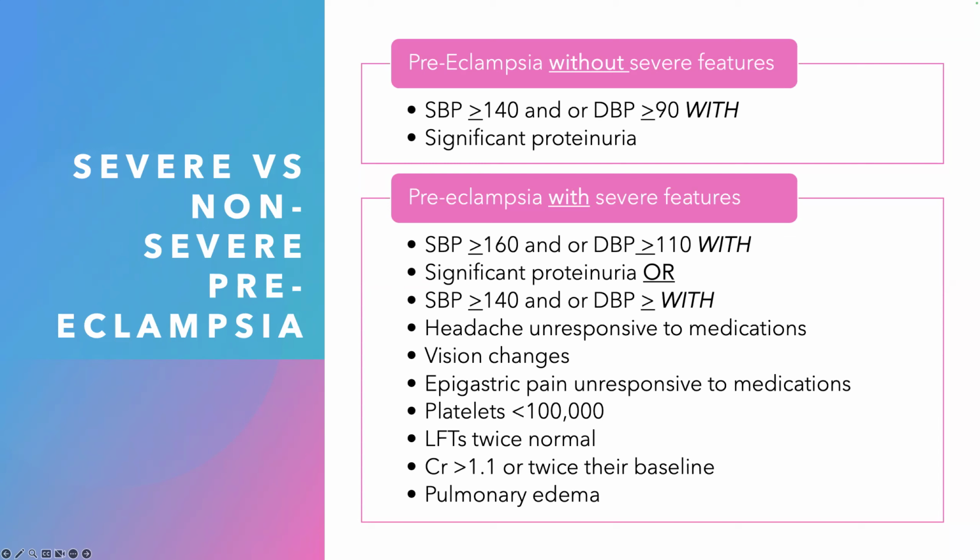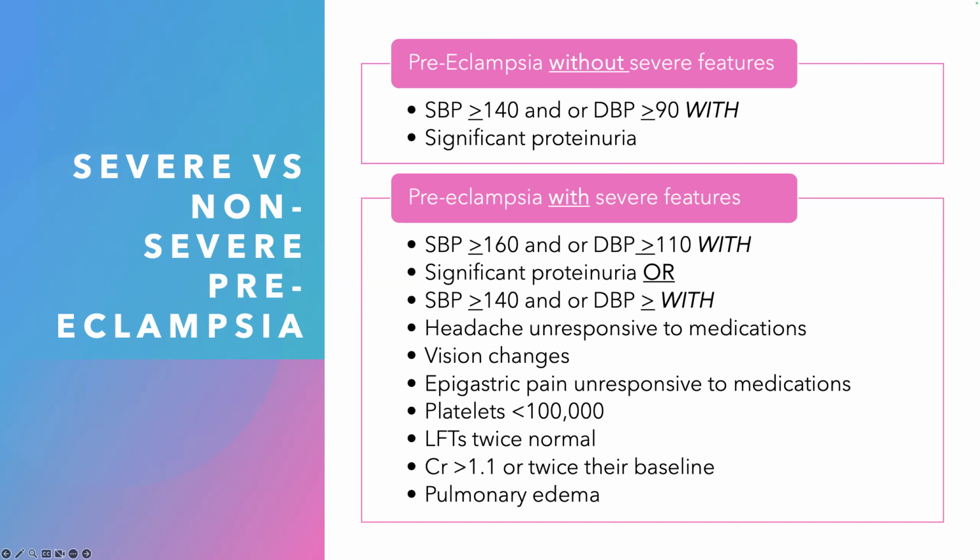Their platelets could be under 100,000. Their ALT and AST are twice that of normal. Their creatinine is over 1.1 or twice their baseline, or they have pulmonary edema. They do not have to have all of these. They just have to have one of them along with the blood pressure to be considered preeclampsia with severe features.